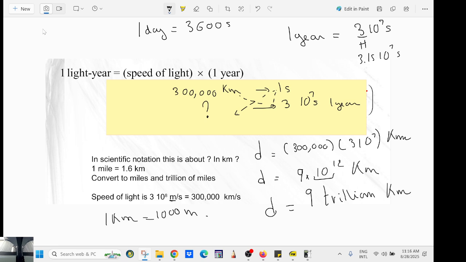So for example, 1 kilo is 10 to the 3, right? So 3 times 10 to the 8 meters, you divide by 10 to the 3, to know how many kilo go into it. So that will be 3 times 10 to the 5 kilometers. You had 3 times 10 to the 8 for kilometers. Yeah.